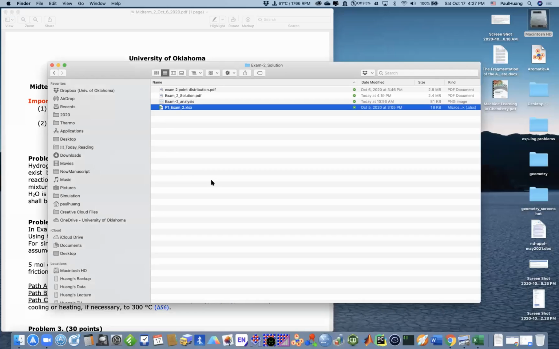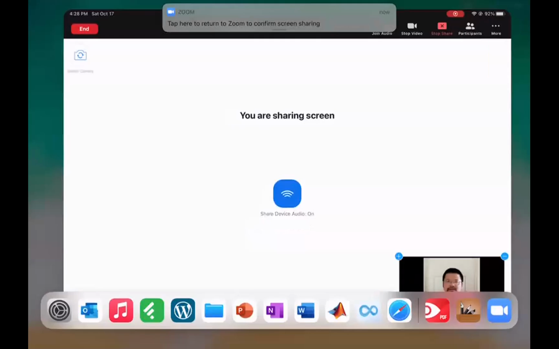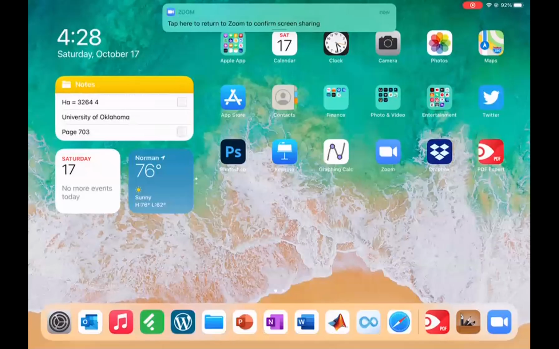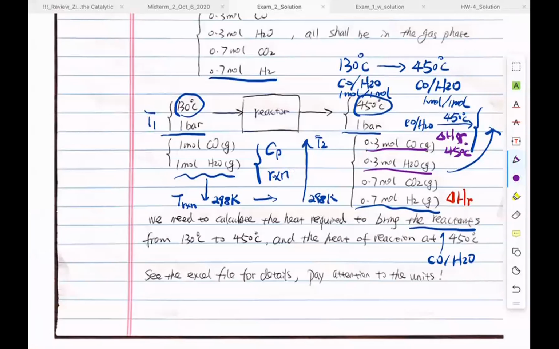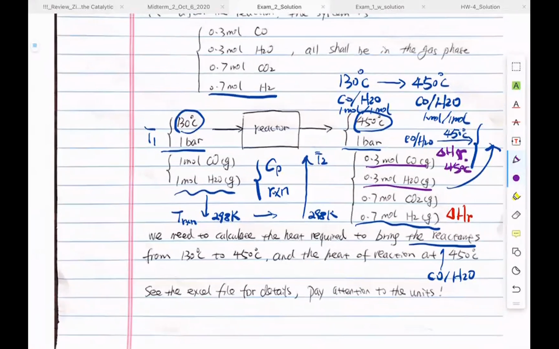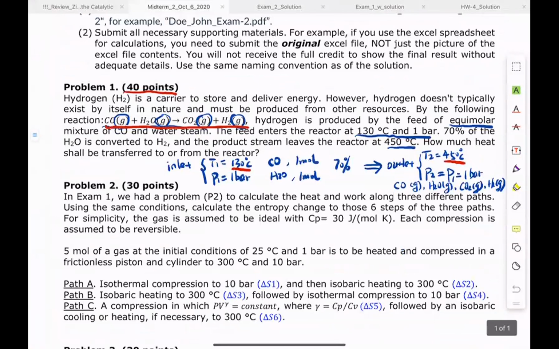Now let's go back to this iPad again. So the second problem.